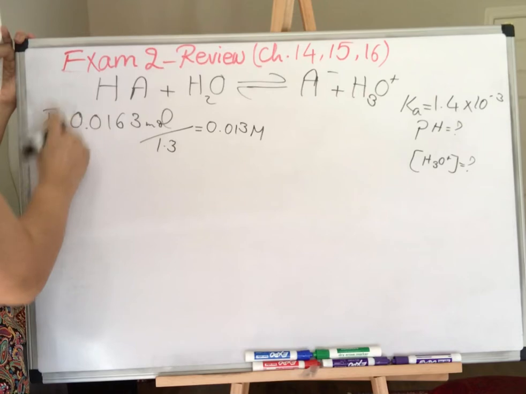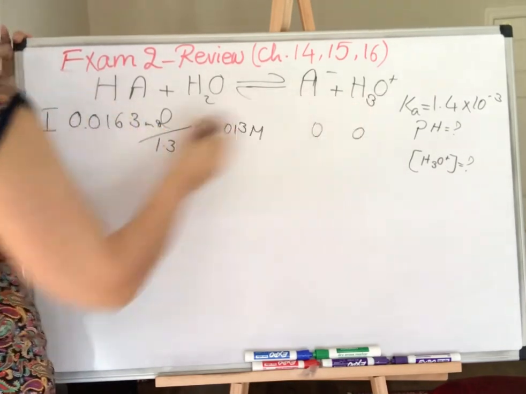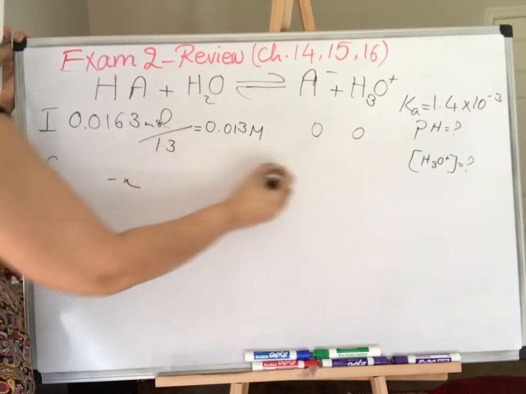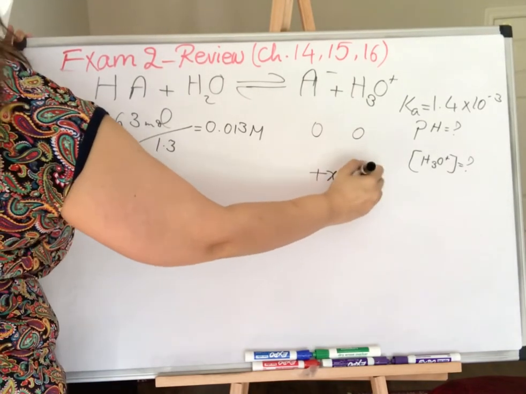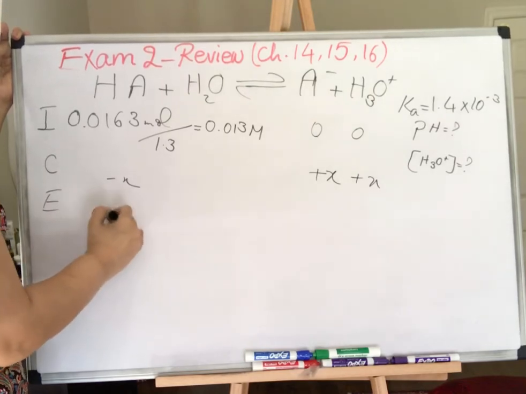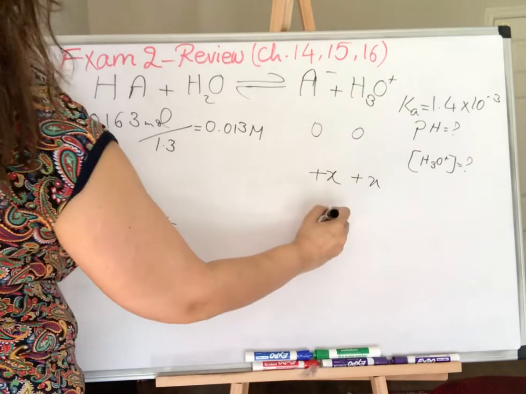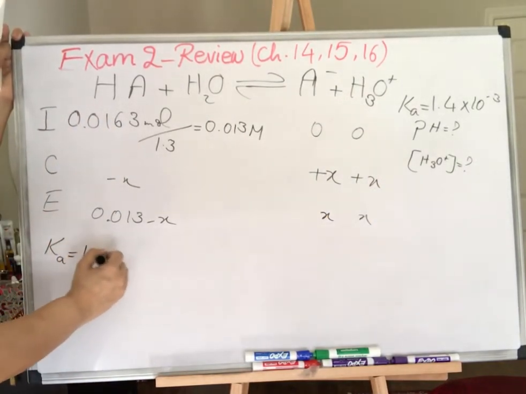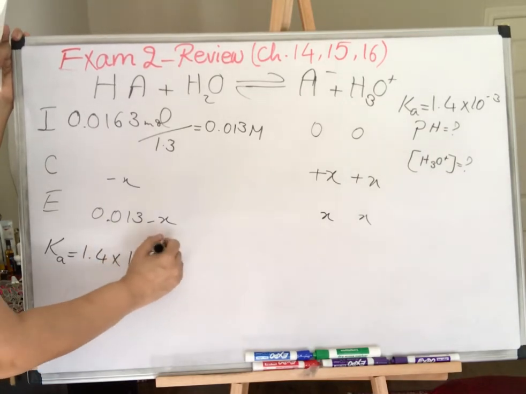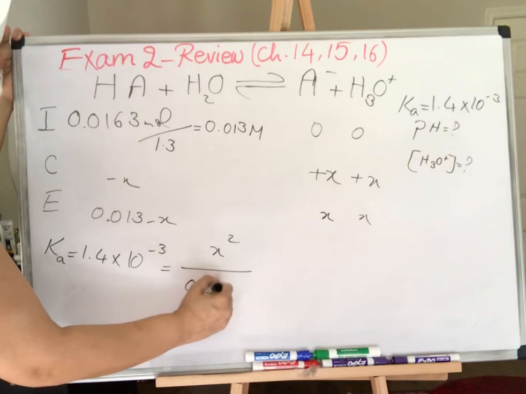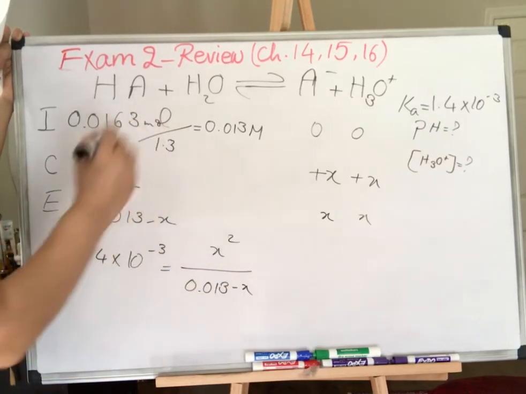Then this is the initial, 0 and 0. Change is going to be minus x, plus x, and plus x. Then at equilibrium we have 0.013 minus x, x, and x. So Ka, which is 1.4 times 10 to negative 3, is going to be x squared divided by 0.013 minus x.